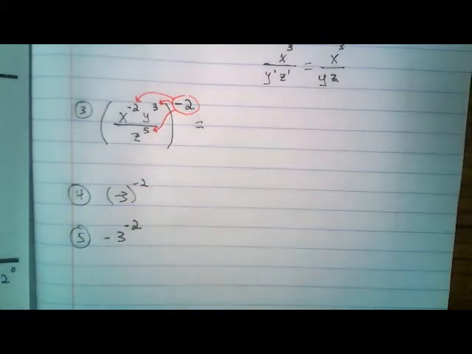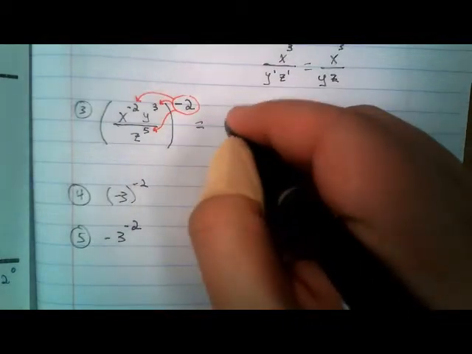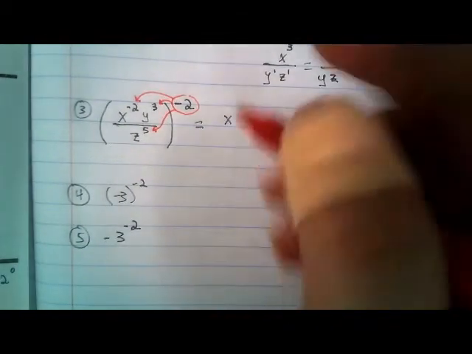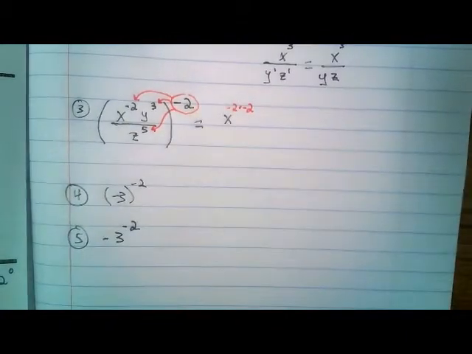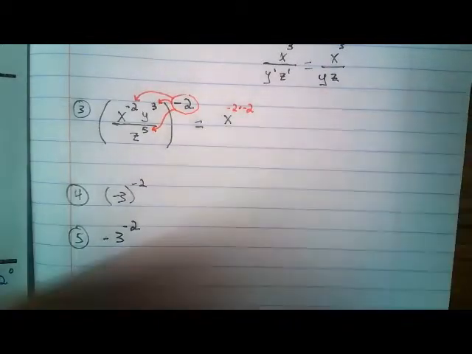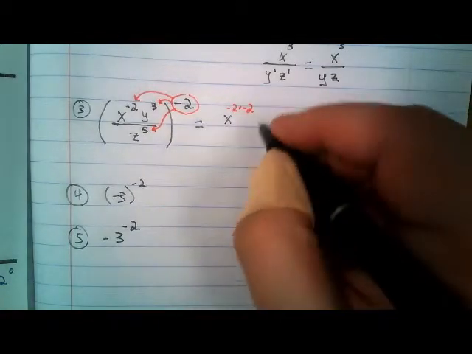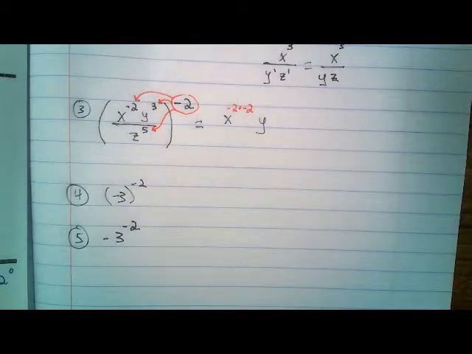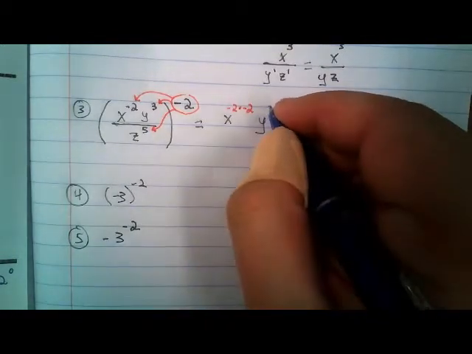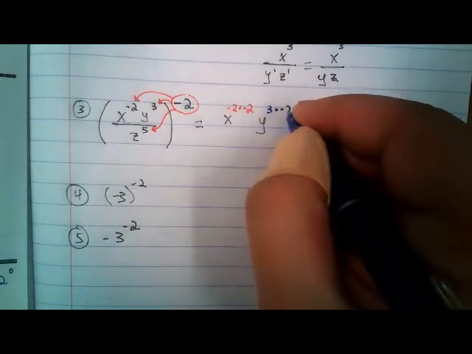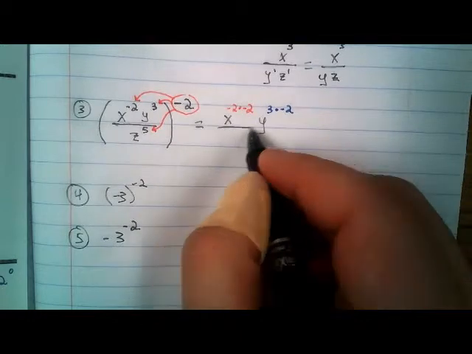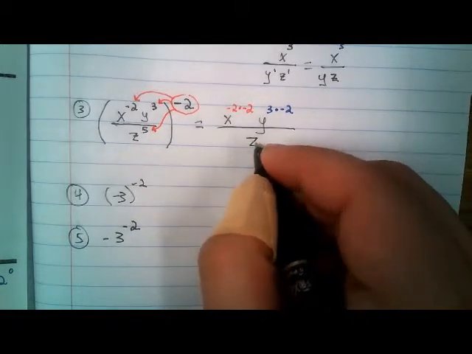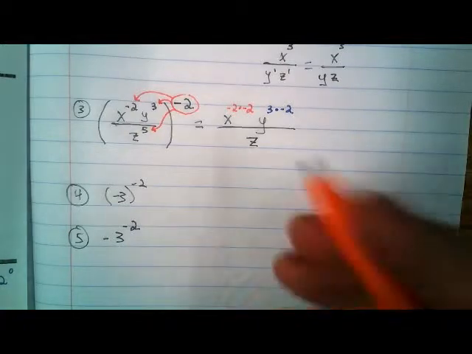So this first one becomes x to the negative 2 times negative 2. And this one, y, becomes y to the 3 times negative 2. And lastly, we have z. And this becomes z to the 5 times negative 2.